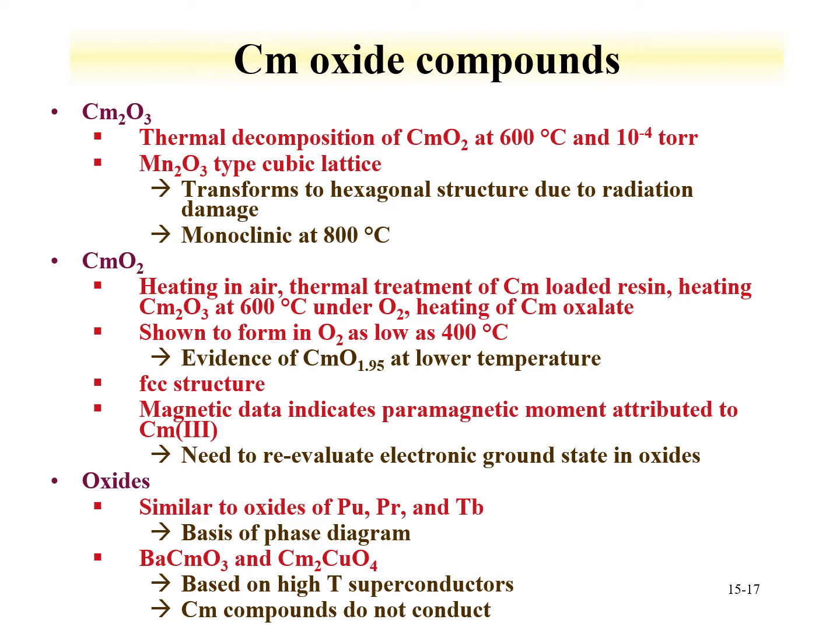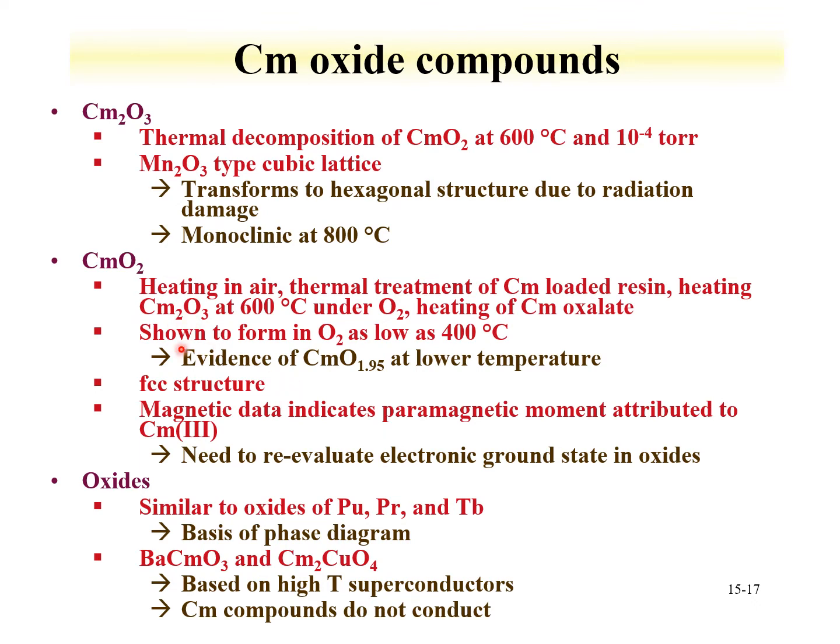Similar to americium, the curium dioxide is the stable state and can be made by heating in air or under oxygen. Curium compounds, including oxalates or curium on resins, or even the curium trivalent oxide.